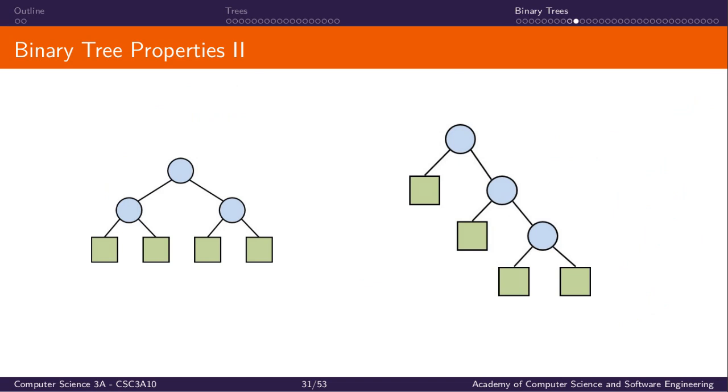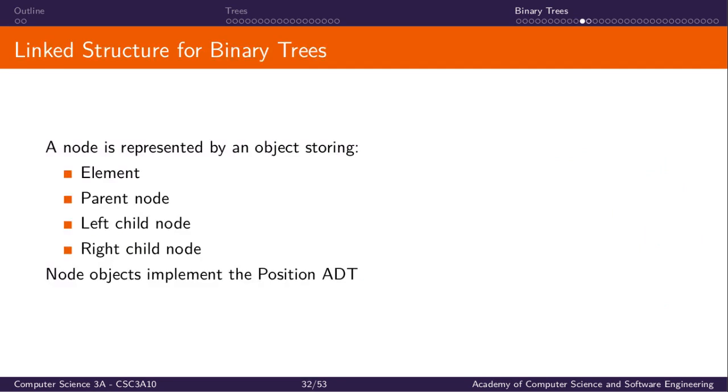All right, so let us go through some of these properties. We've already said that in our regular trees, we would have a node represented by some object that would store an element, a reference to its parent, and a reference to a list of some number of children.